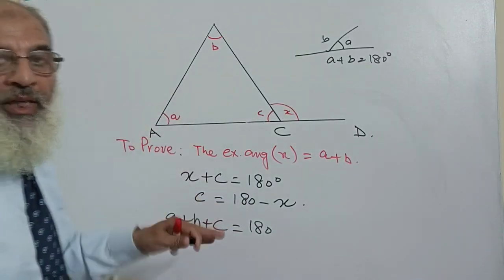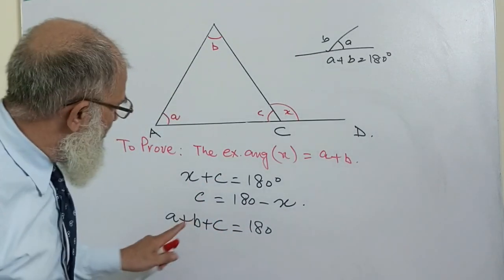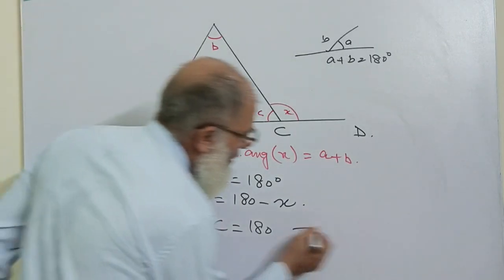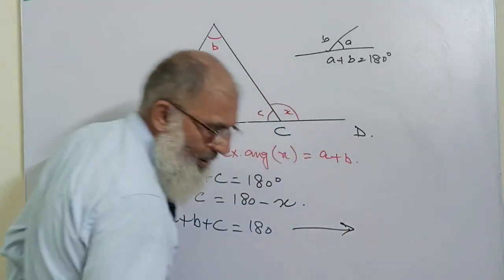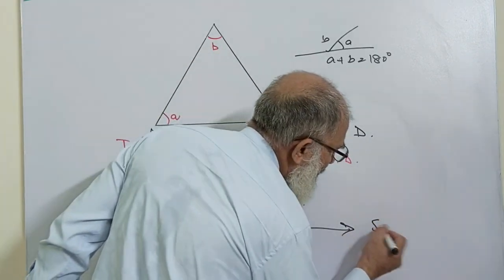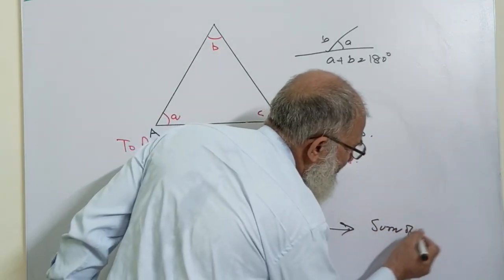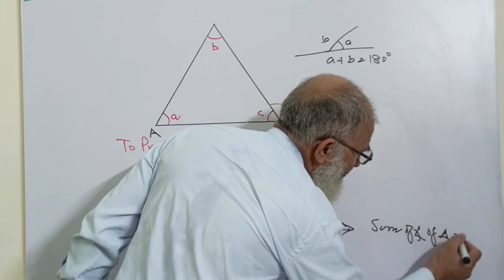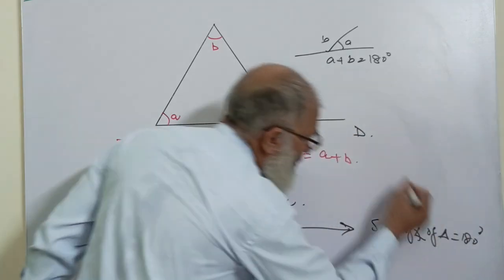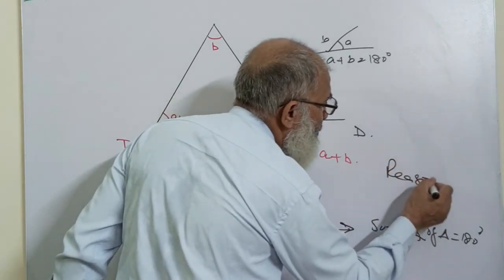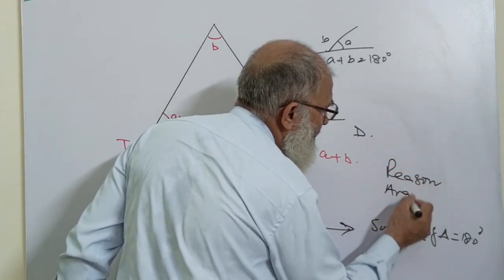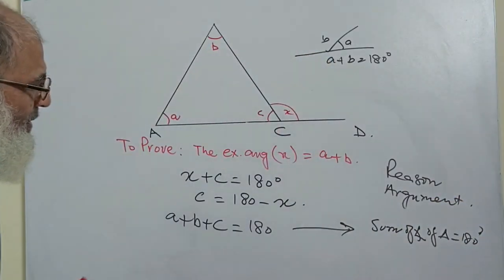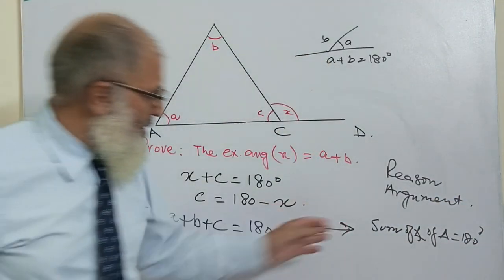Prior to this proof, what I proved was the previous proof: the sum of the angles of a triangle is equal to 180 degrees. Now this is the reason, or you can also say the argument.